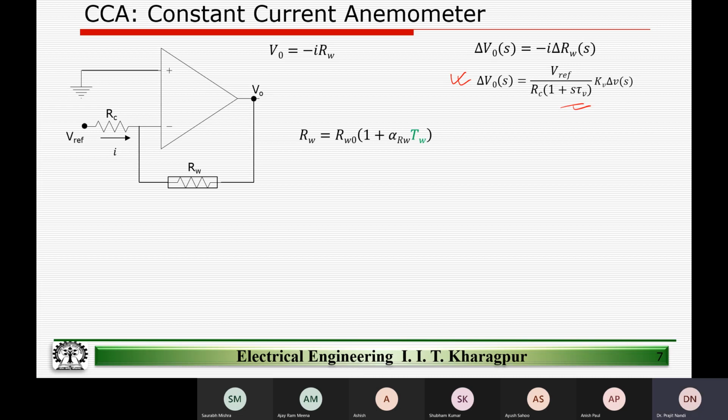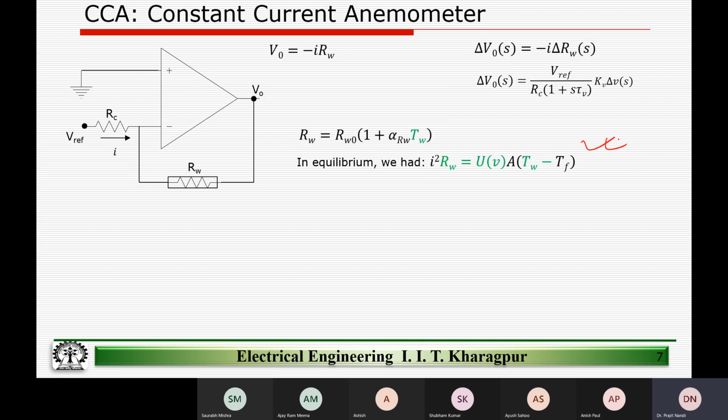For metal wire resistors, it is fair to assume that the resistance will be a function of temperature. It will be like this, right? I think there's no need to explain. This is a fair assumption to make: the resistance will increase as a function of temperature. And in equilibrium, we had I square RW, we had this expression already, if you remember.